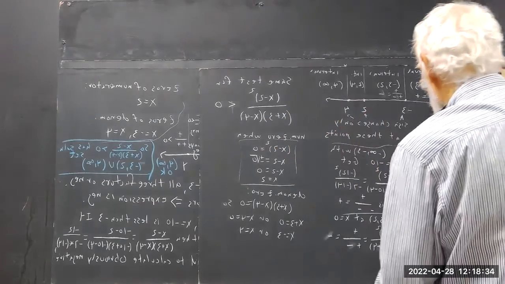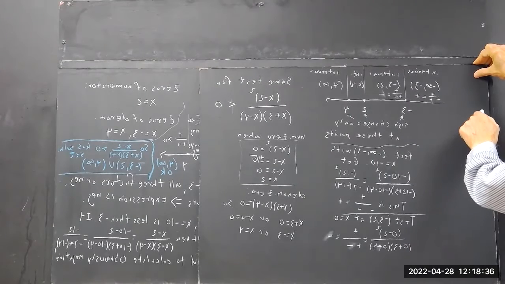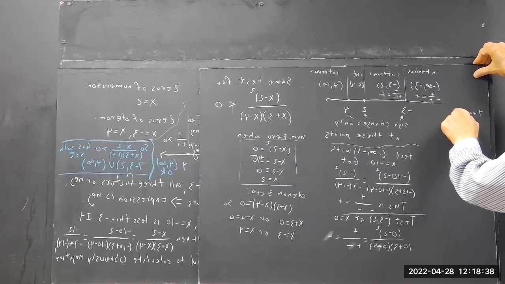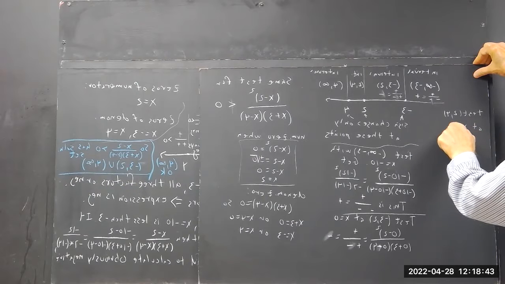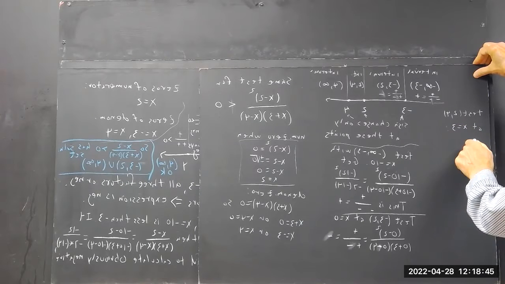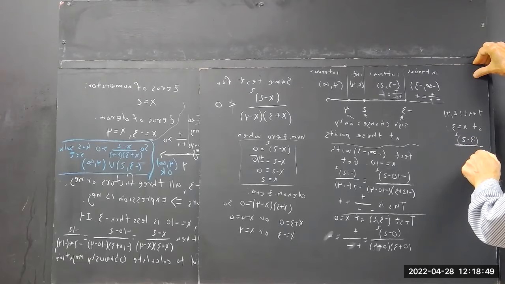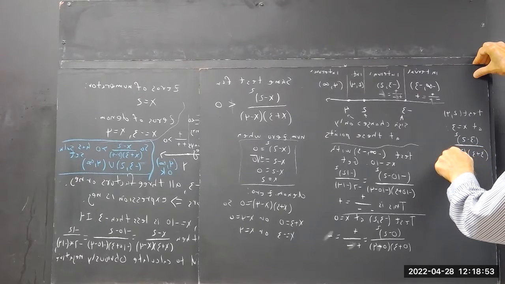Well, let's go into this interval. You get 3 minus 2 squared over 3 plus 3 times 3 minus 4, right?